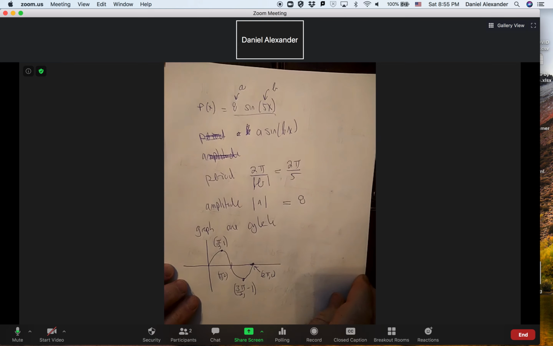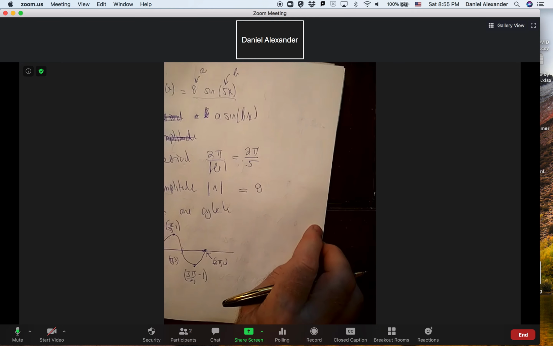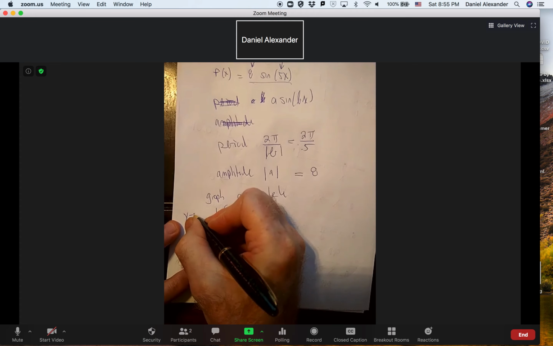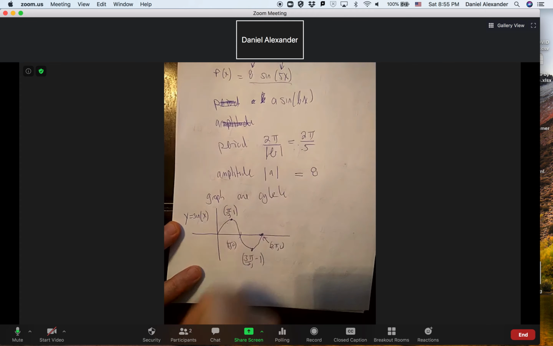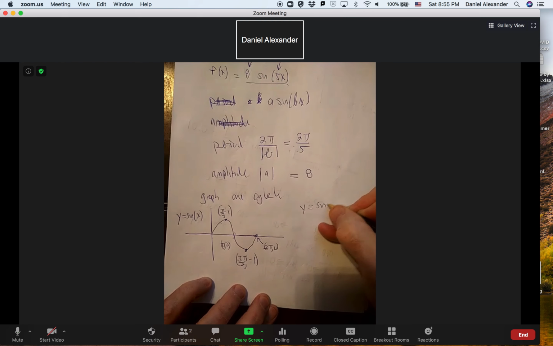I'm going to just transform this using these points. So that's the sine, the parent function. First we're going to look at y equals sine of 5x. So our period is now 2 pi over 5.